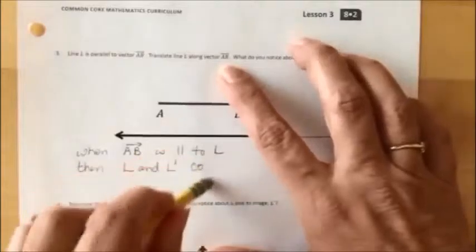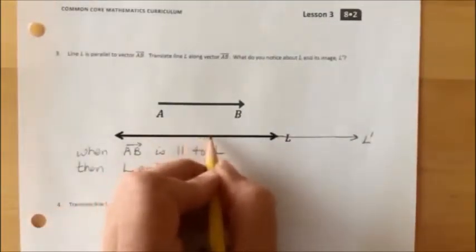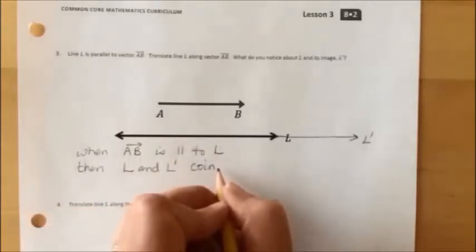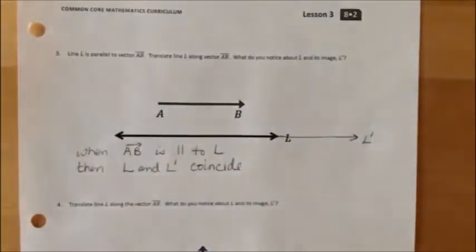So we saw that the vector didn't actually need to be part of the line like in exercise 2, but if it's parallel, then the line and its image are going to coincide. Both of those cases result in L prime being the exact same line as L.